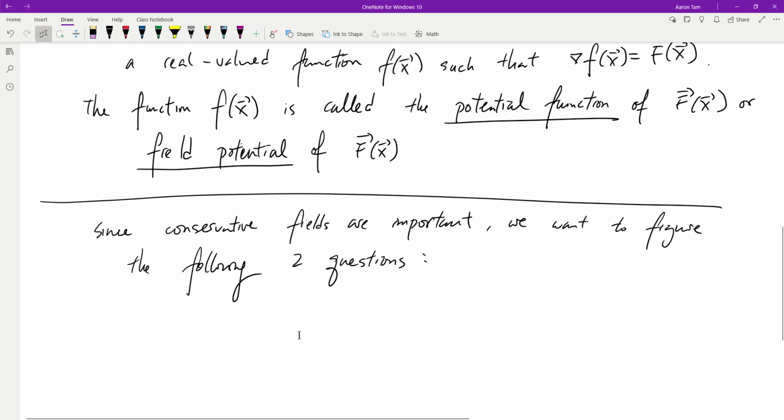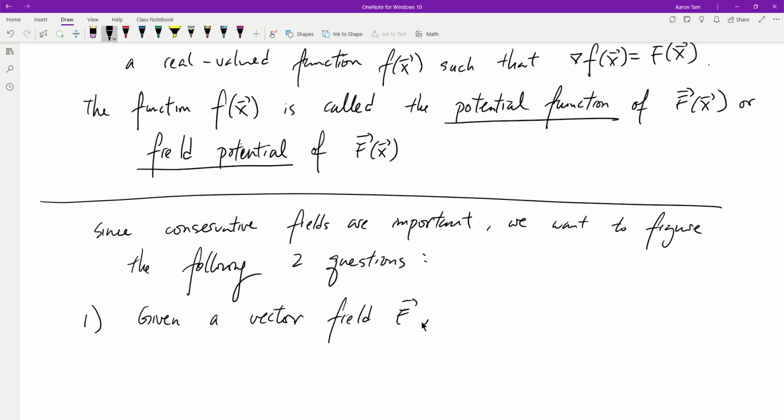So what two questions? Number one, if you're given a vector field F, how to determine if it is conservative or not?